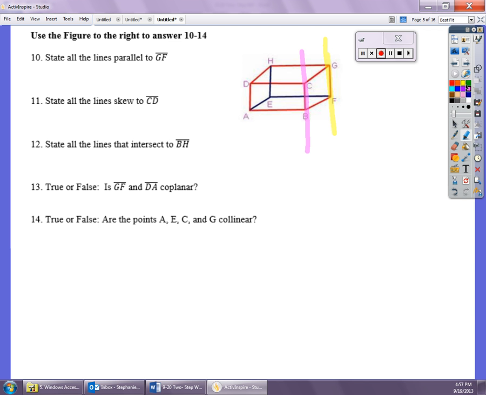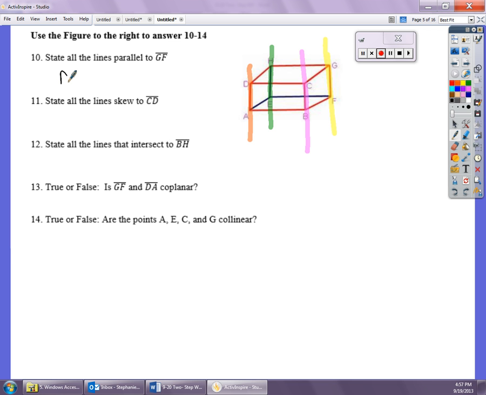Also HE, that's parallel to GF. And the final one would be CA, if you look across. The only thing is it's not exactly coplanar, but it's still parallel.